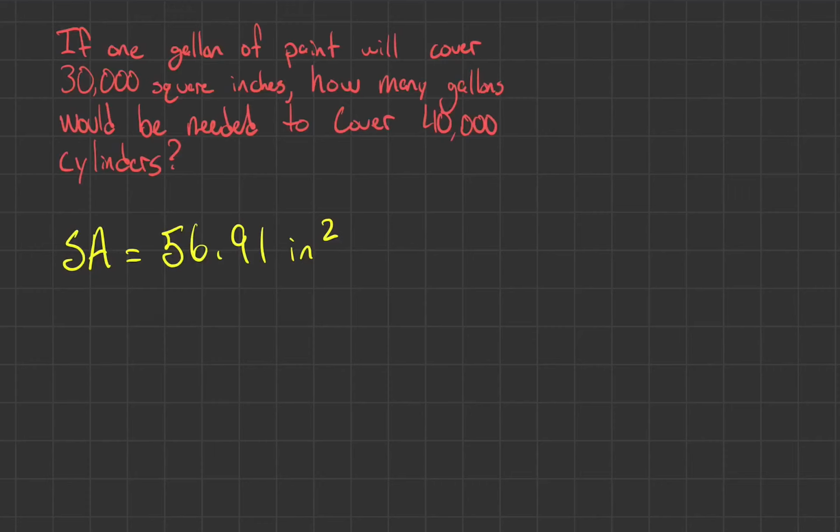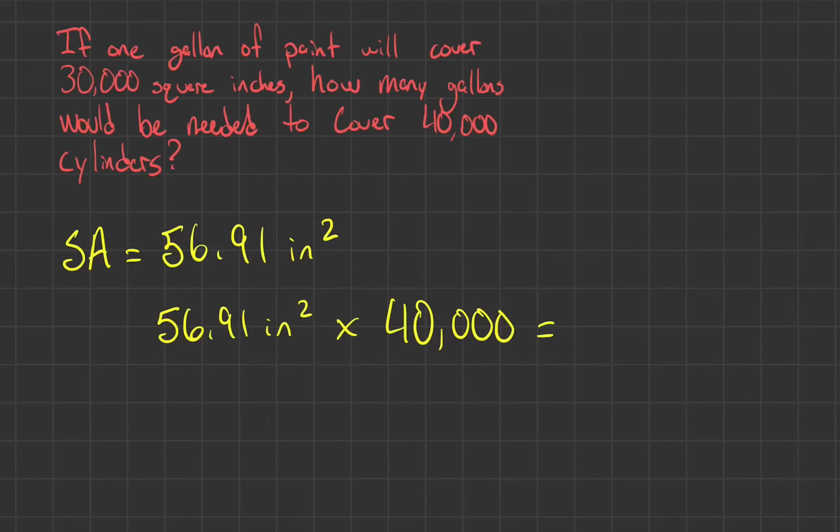So our total surface area for all of the cylinders is going to be 56.91 inches squared times 40,000, because that's how many cylinders we have. Okay, and that's going to be equal to 2,276,400 inches squared between all of them.